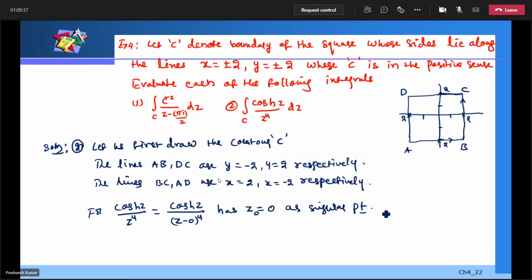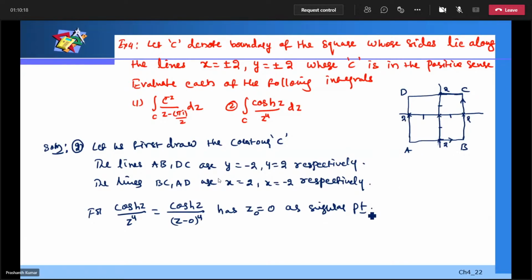You see that these are the points: z is equal to 1, 2, -1, -2, and i, 2i, -i, -2i. The z naught value, z naught is equal to 0, is lying inside the contour, definitely.